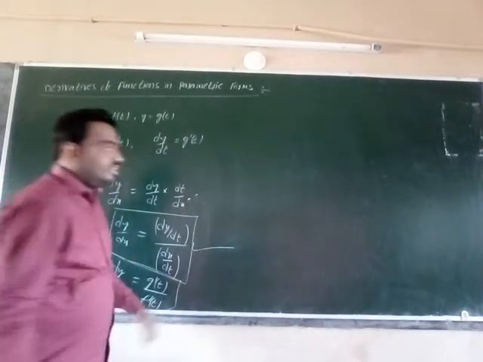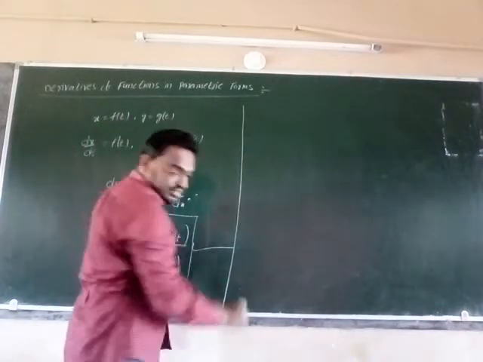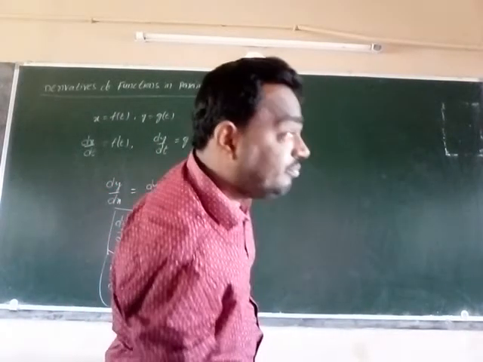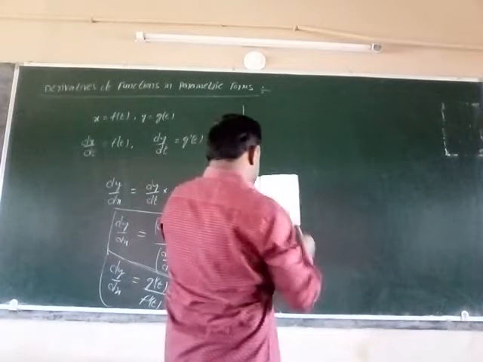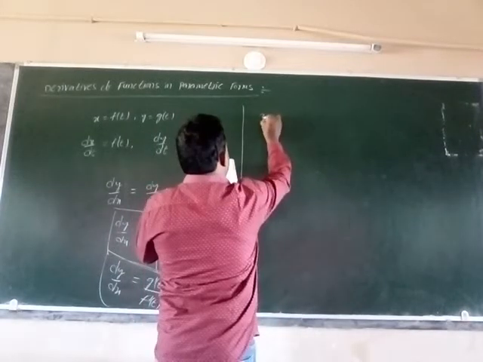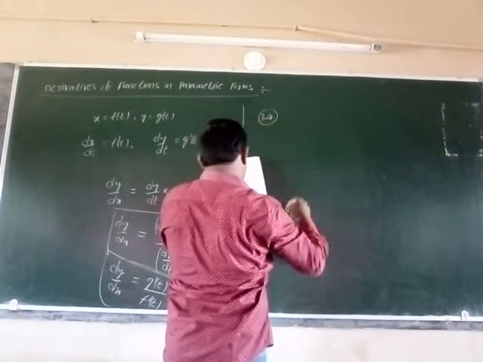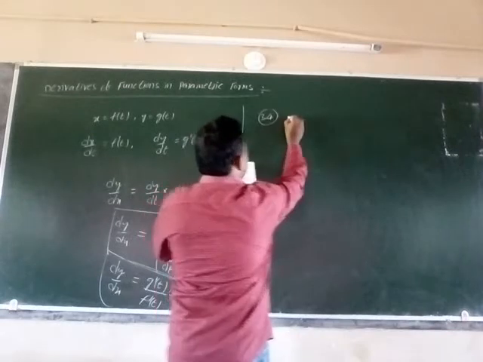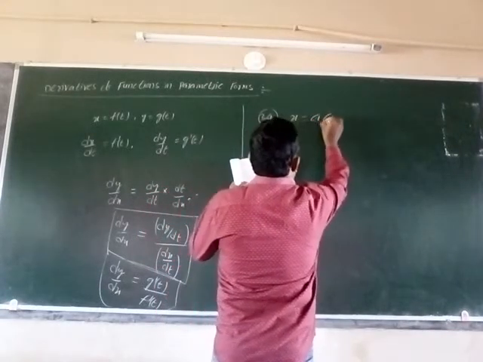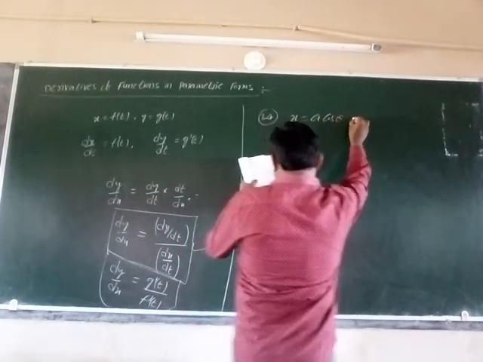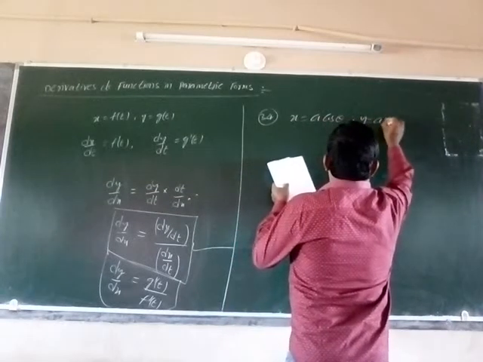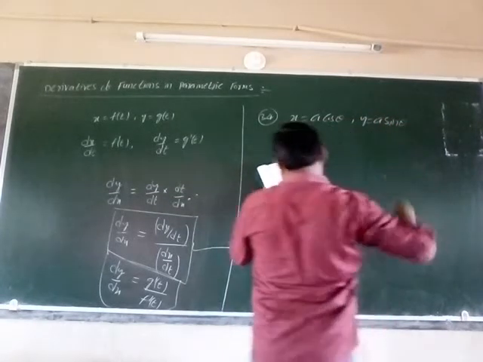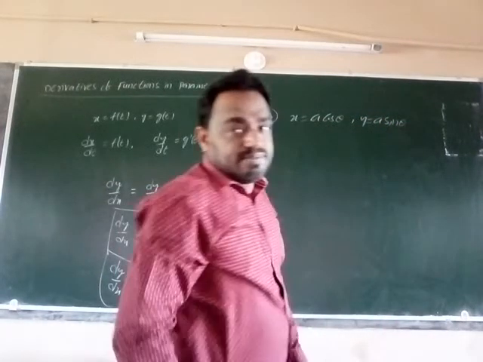Now I am solving a textbook example, Example 34. If x equals a cos theta and y equals a sin theta, find dy by dx.